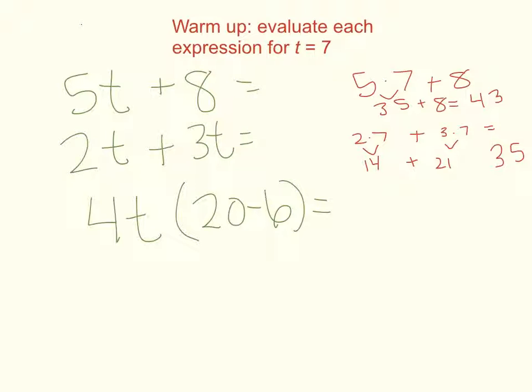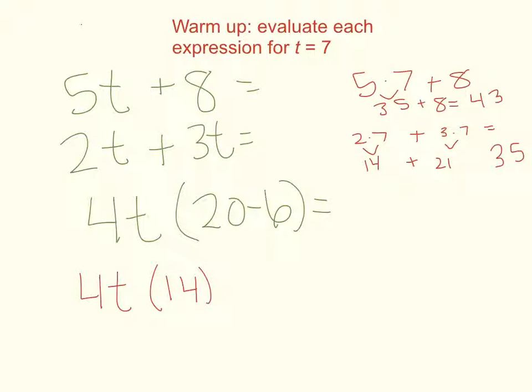And then our last warm-up problem, we have parentheses, so make sure we did those first. We have here 4t, or 4 times t, or 4 times 7, and then in parentheses 20 minus 6. Remember, we want to do this parentheses first. So let me get my pen. 4t times 20 minus 6 would give me 14.